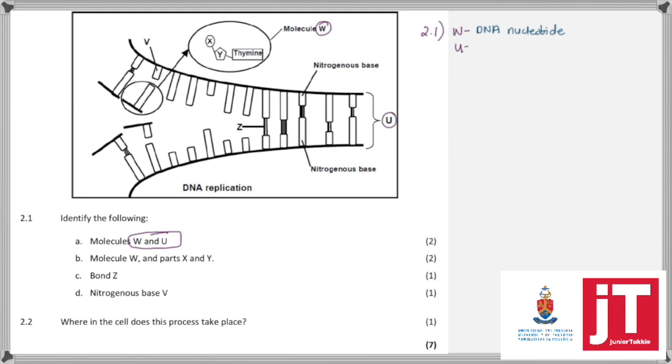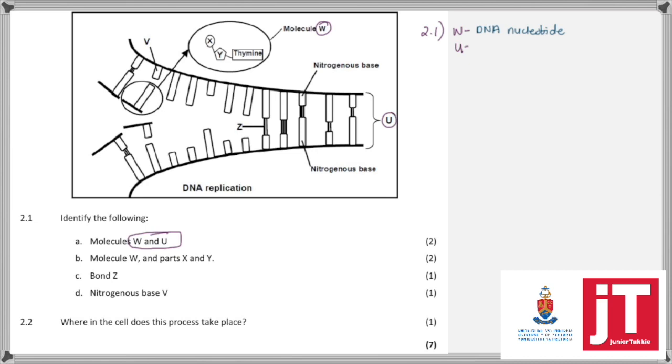Now, if you look at your memorandum, it simply refers to nucleotide. Depending on your examiner, they might feel that simply writing nucleotide is too vague because there are two types: RNA and DNA nucleotides. One has deoxyribose sugar, versus the RNA where we have a ribose sugar.